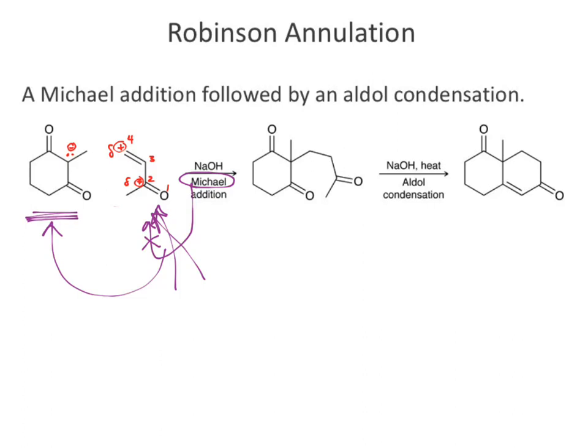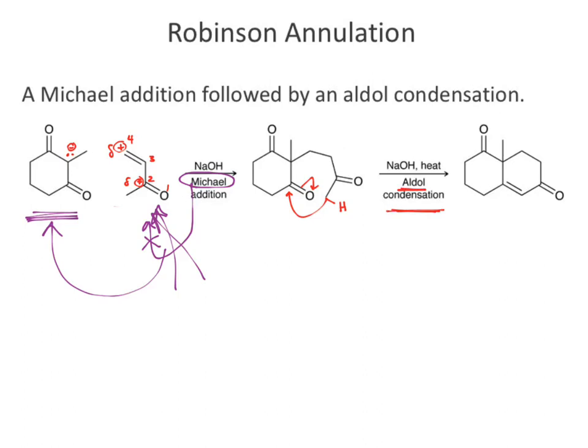Okay. Once you've done the Michael addition, if everything is set up nicely, you now have the potential to also do an aldol condensation because we still have acidic hydrogens. Those acidic hydrogens could then theoretically attack the electrophilic carbonyl in what type of a reaction?